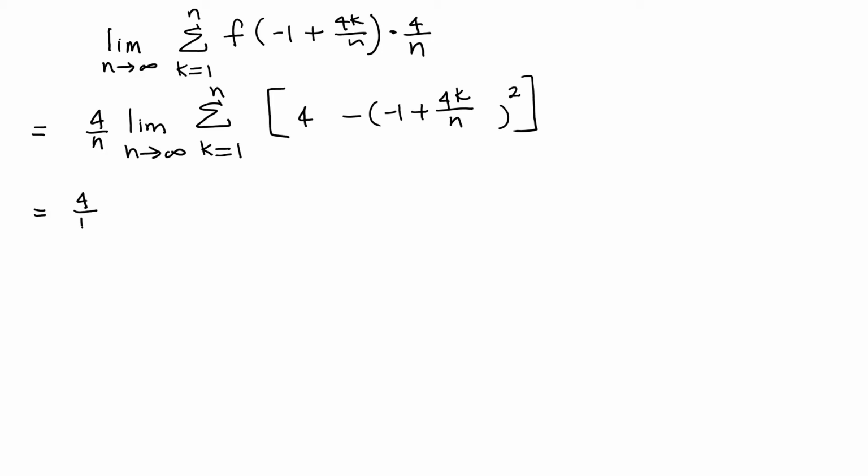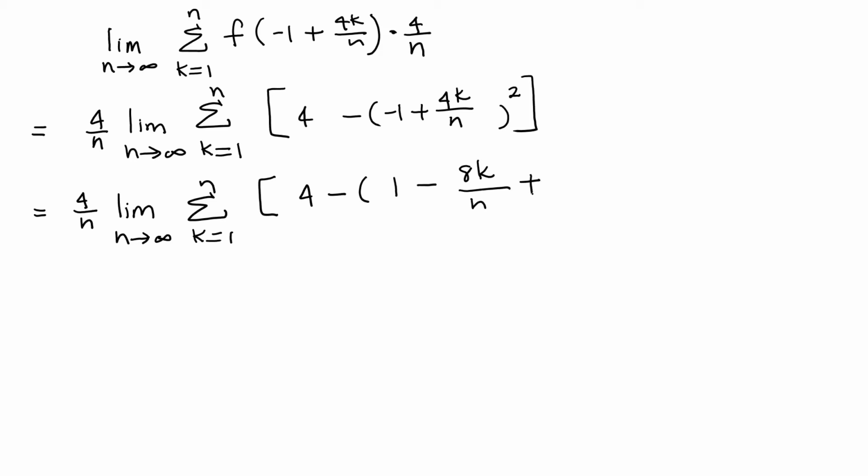The 4 over n, the limit as n approaches infinity of the summation as k goes from 1 to n stays the same. Then we'll have 4 minus, multiplying the binomial, you get a quadratic, 1 minus 8k divided by n plus 16k squared divided by n squared.